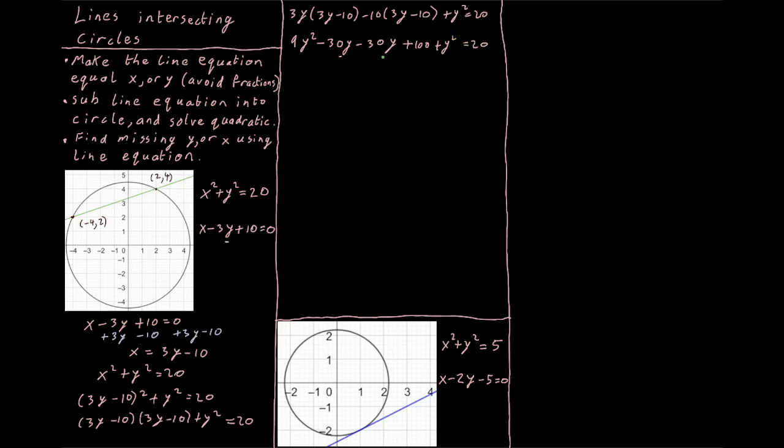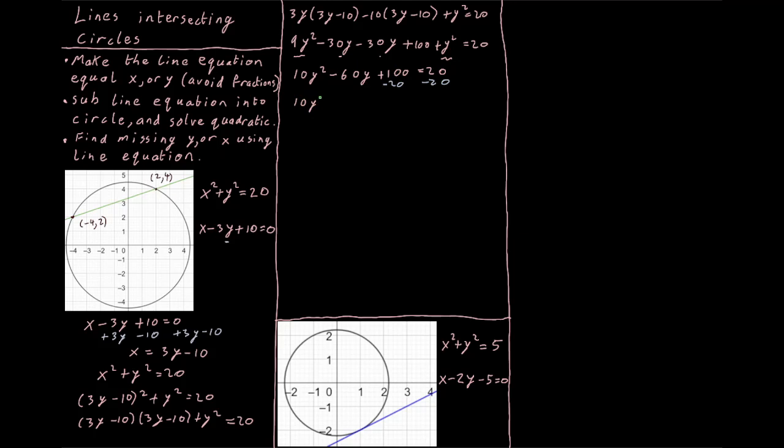Add up my like terms. I have some y squareds here. So I have 10y squared in total minus 60y plus 100 is equal to 20. For a quadratic, I generally want to have everything equal to 0 in order to solve it. So I'm going to get that all equal to 0 by subtracting 20 from the right hand side, and to keep the balance, take 20 from the left hand side.